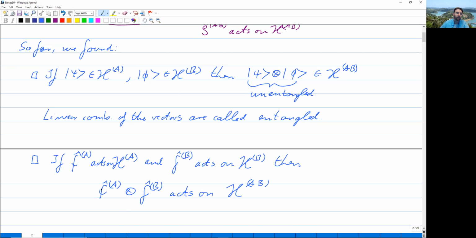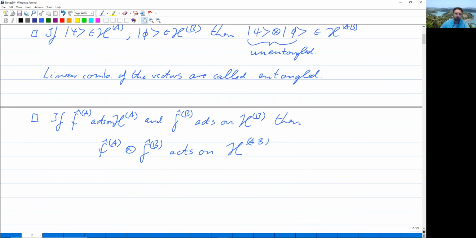So this is now an operator, as the case may be, an observable perhaps, which acts on the Hilbert space of the total system. And how?